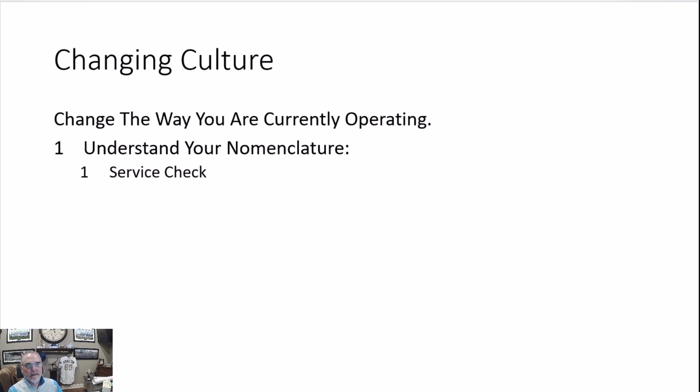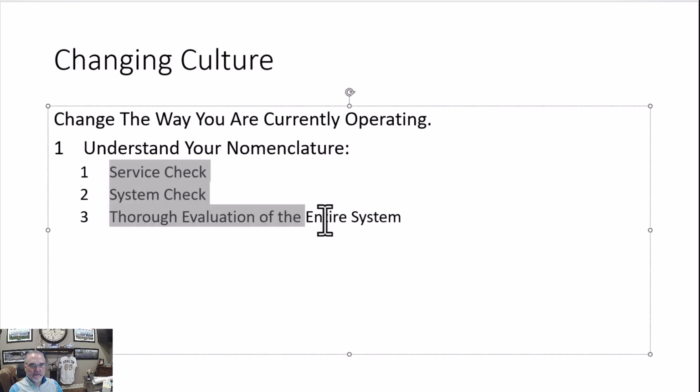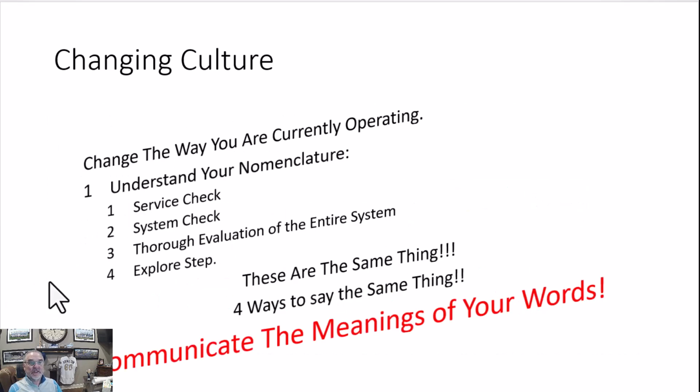It's a service check. Come in, do a service check on the system, perform a service check, do a thorough evaluation of the system. These three things mean the same thing. I'm just saying it three different ways, because people say it different ways. I personally like the system check, a thorough evaluation of the entire system.